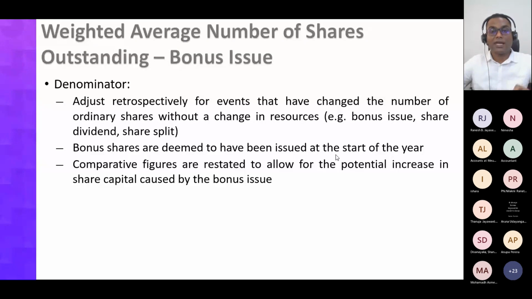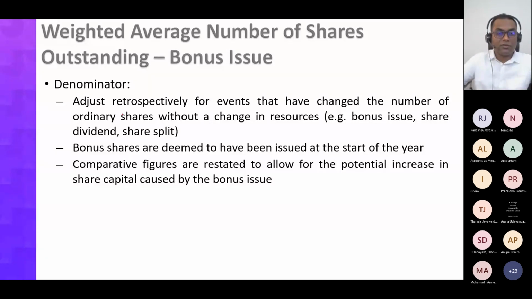One share you split into 10. The number of shares will increase. Again, there's no corresponding increase in the resources. So whatever the event where the number of shares has been changed without changing the corresponding resources, which doesn't have an impact on the earnings capacity, is adjusted retrospectively when computing the weighted average number of shares.